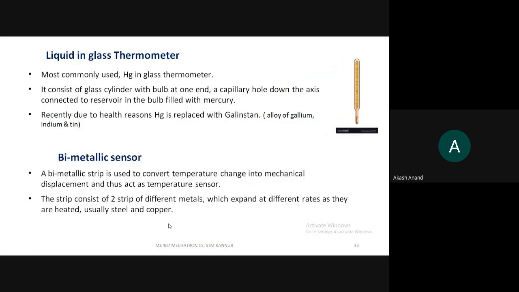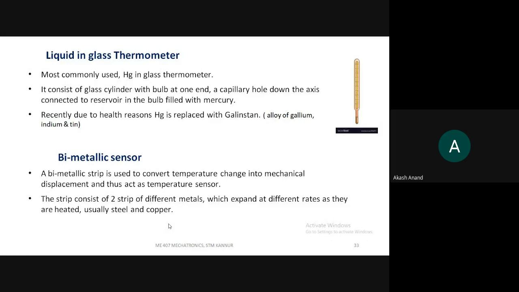Next is the secondary type. I already told that this is the liquid in glass thermometer. You are already familiar with this device from your childhood. When you consult a doctor, the doctor will keep a thermometer under your tongue or somewhere else. That device is a liquid in glass type thermometer.